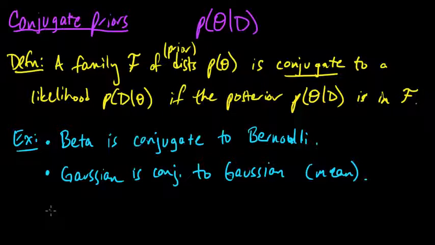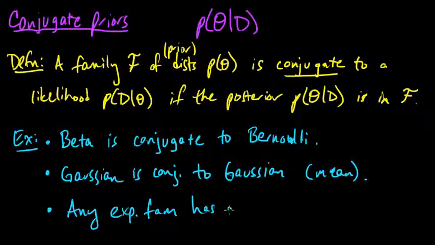And in general, you can look up more. There's lots of examples, and in fact, there's a very general result that any exponential family has a conjugate prior. So since exponential families cover a very wide range of different distributions, there's a very large number of distributions that have conjugate priors.